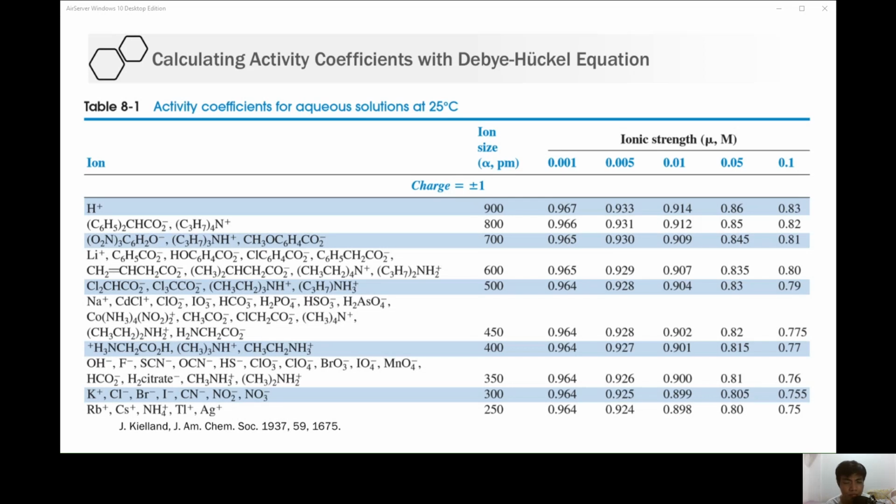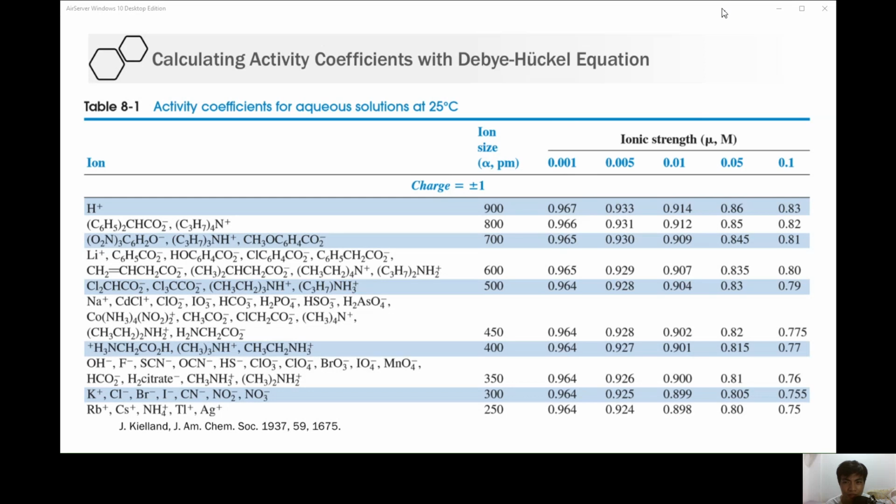You can also do linear interpolation if your ionic strengths are within the range but not listed on the columns. Okay. So let's say your ionic strength is somewhere here in between 0.001 and 0.005. Then you can use linear interpolation to calculate for the correct gamma value. Okay.